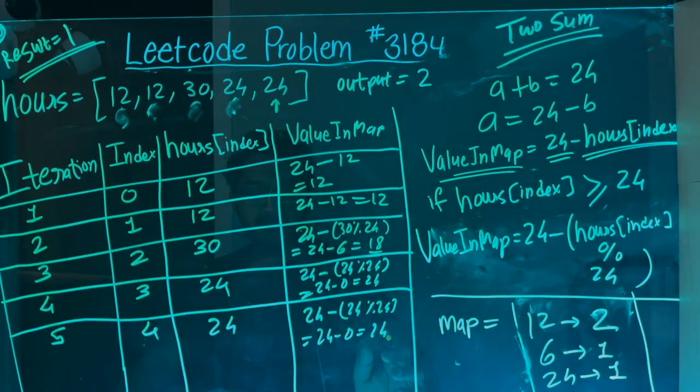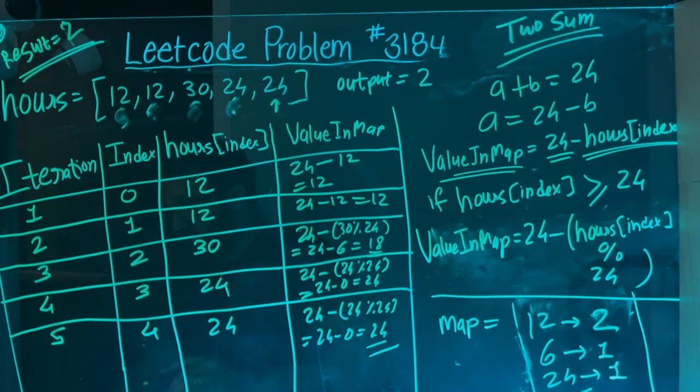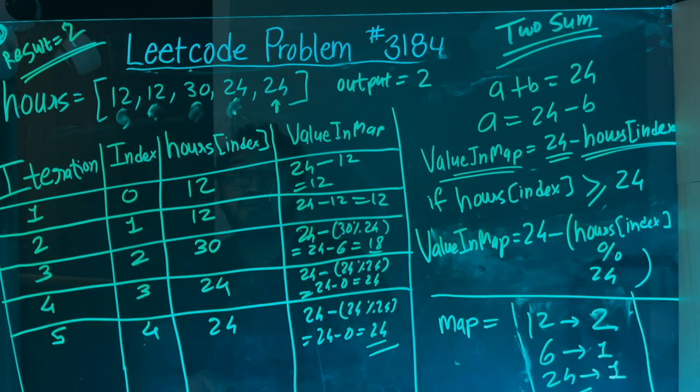So we see in our map 24 already exists. Update the result to 2. This is how we find the days in this example.